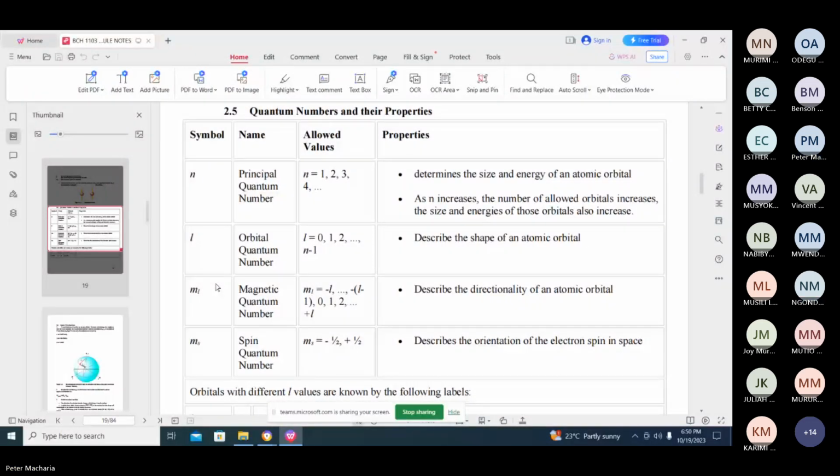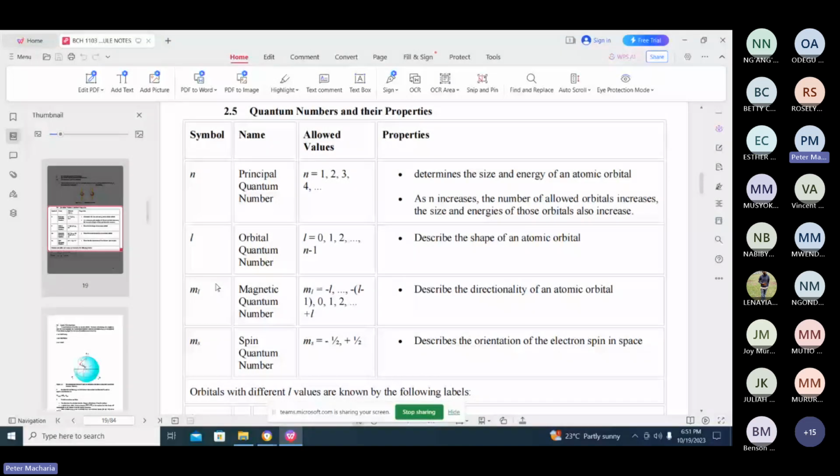The values of orbitals are from negative L through 0 to L. So they are negative 2, negative 1, 0, 1 and 2.